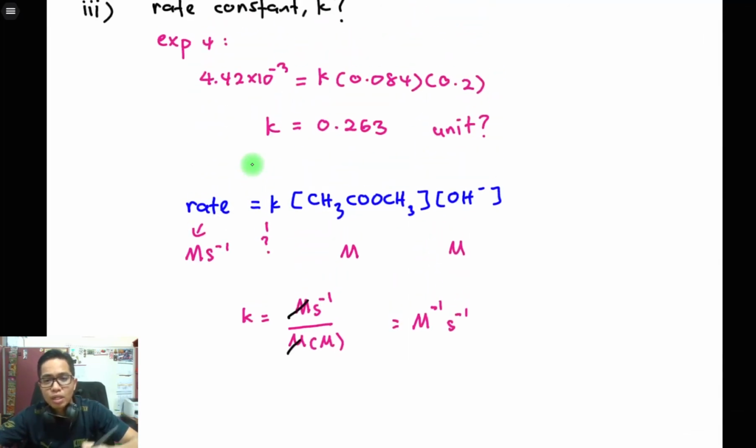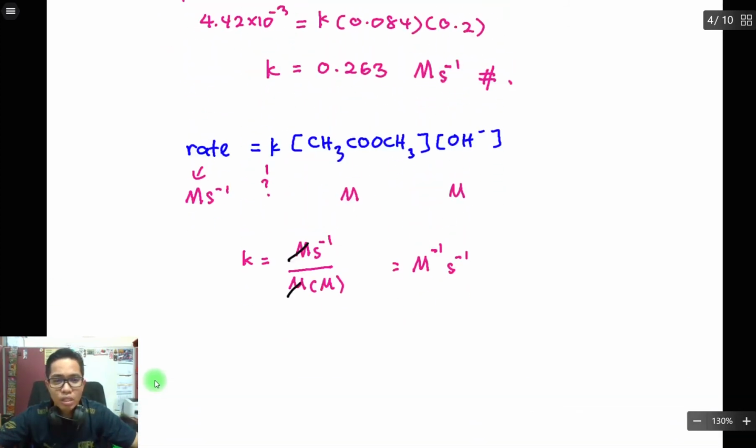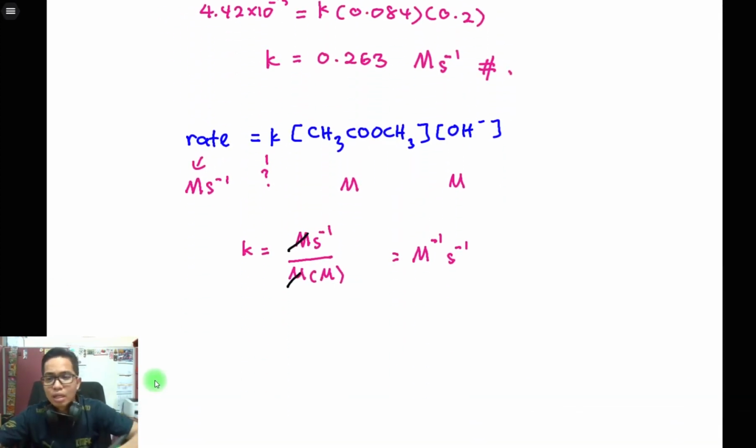Right? So you can substitute this value, so this wording unit to molarity second minus 1. That's it. Okay, so that is for question number 3.